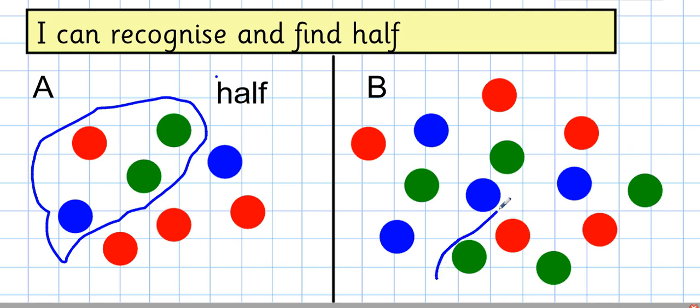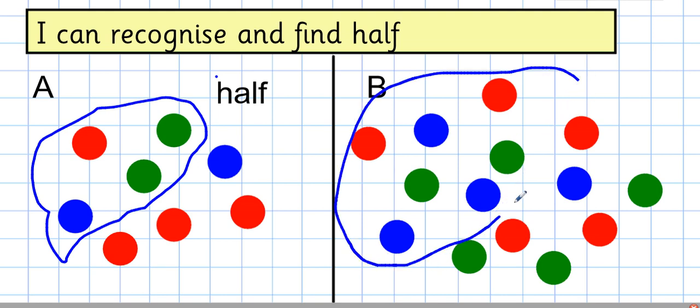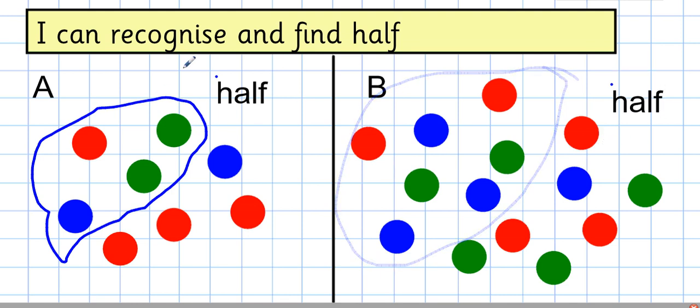What if I try it here? 1, 2, 3, 4, 5, 6, 7. 1, 2, 3, 4, 5, 6, 7. Great! I can circle this side here. And now I've found half. Excellent! 2 equal groups. We've split them in half.